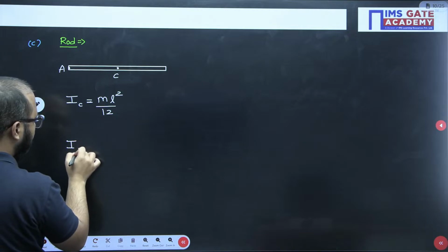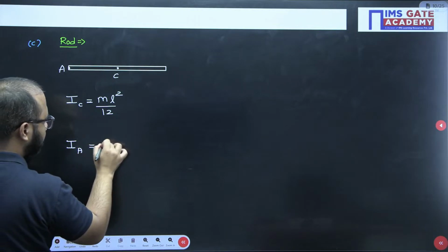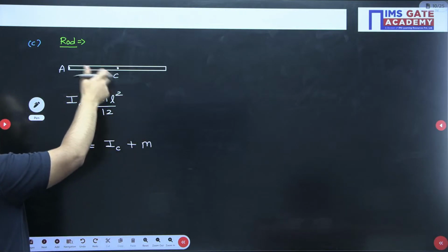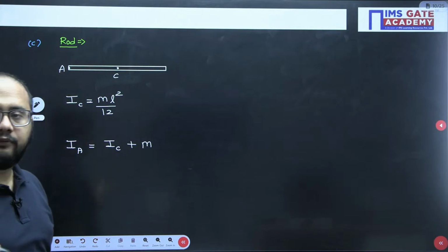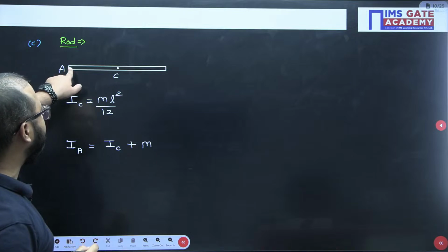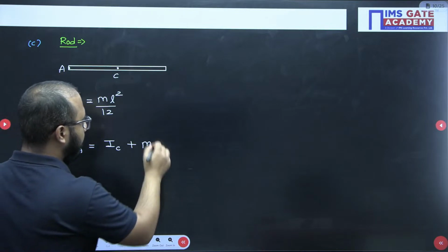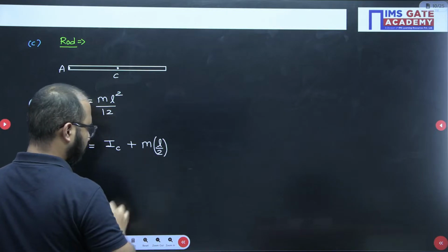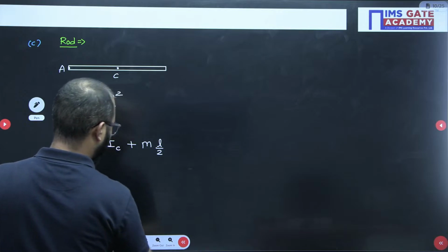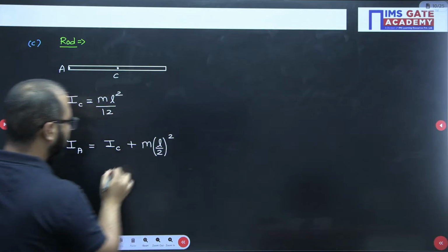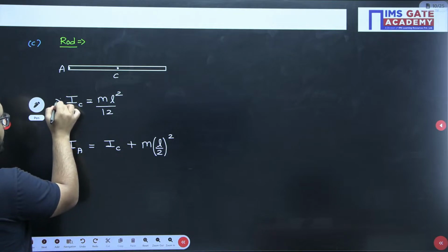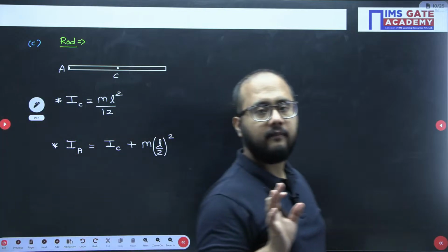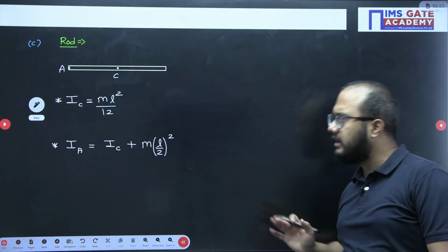First about the center, I need to write ml square by 12, plus mass multiplied by the distance of the center point from the point where I want to calculate the mass moment of inertia, your point of consideration. So the distance is L by 2, because the extreme end I have taken, L by 2 whole square. Like this you will get the mass moment of inertia value about the center and about the other point also using the parallel axis theorem, which we can calculate very easily, right?